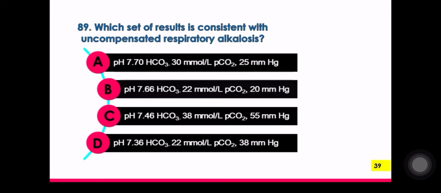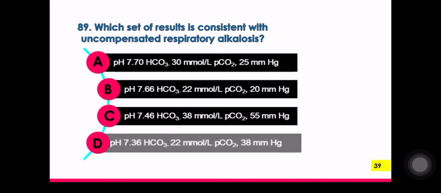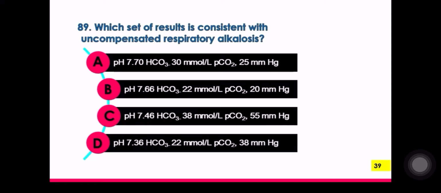Letter B, pH of 7.66, bicarbonate 22, and for PCO2, 20 po. For letter C naman, pH po is 7.46, bicarbonate is 38, and PCO2 po is 55. And for letter D, is it pH of 7.36, bicarbonate of 22, and PCO2 of 38 po.